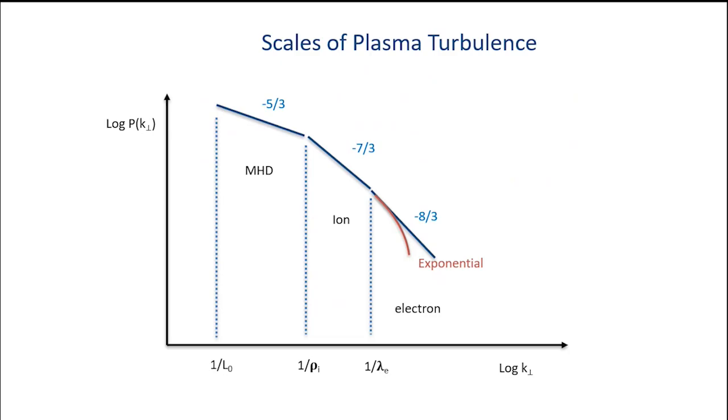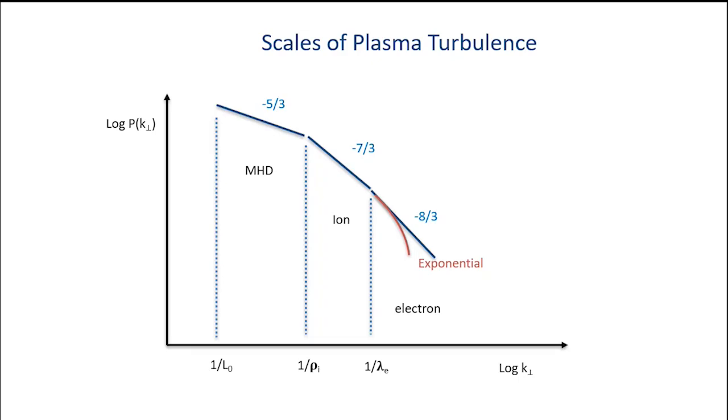Energy is injected, the wave packages break down to smaller scales, and in the MHD regime we have a -5/3 spectral index. Then if we come to ion scales, that's either the ion inertial length scale or the ion gyro radius, ion kinetic effects set in, and we get a different cascade.